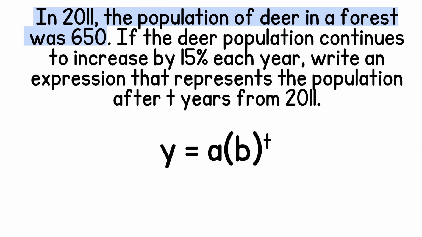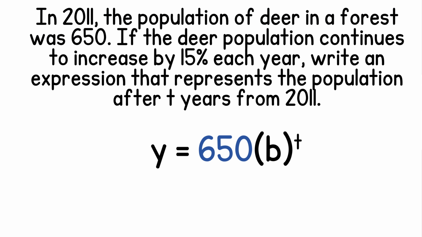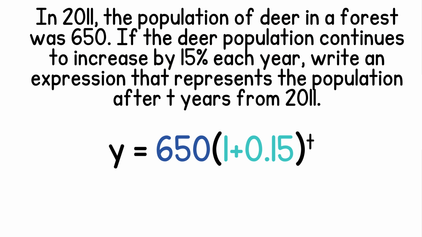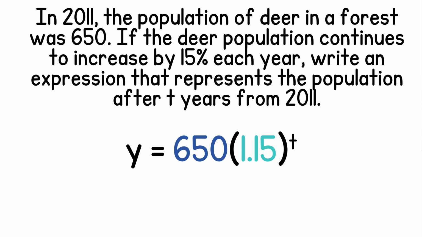We know that the population of deer in 2011 was 650, so this will be our a value. And we know that it's increasing by 15% each year. So we'll add the decimal version of 15% to 1 since it's increasing. This gives us a multiplication factor of 1.15. So now we have an exponential function for this situation.